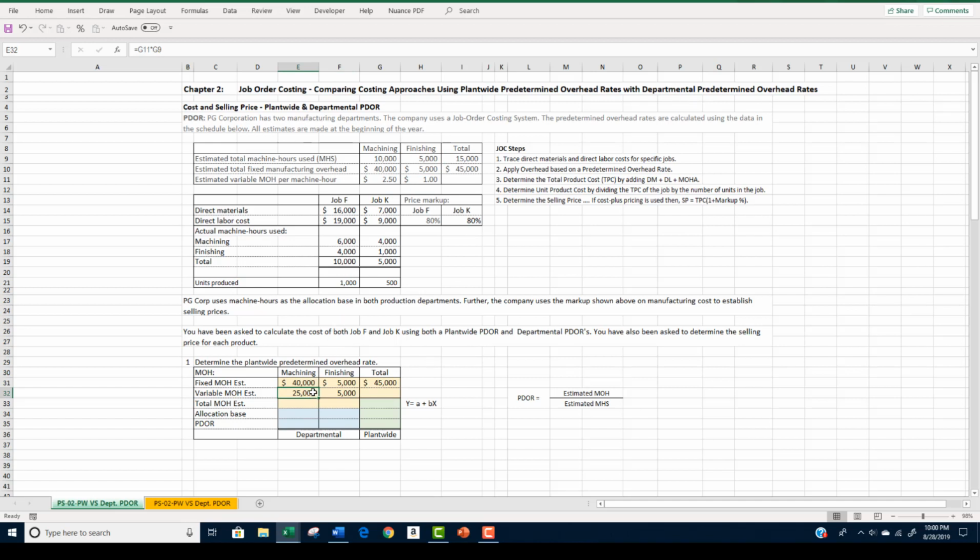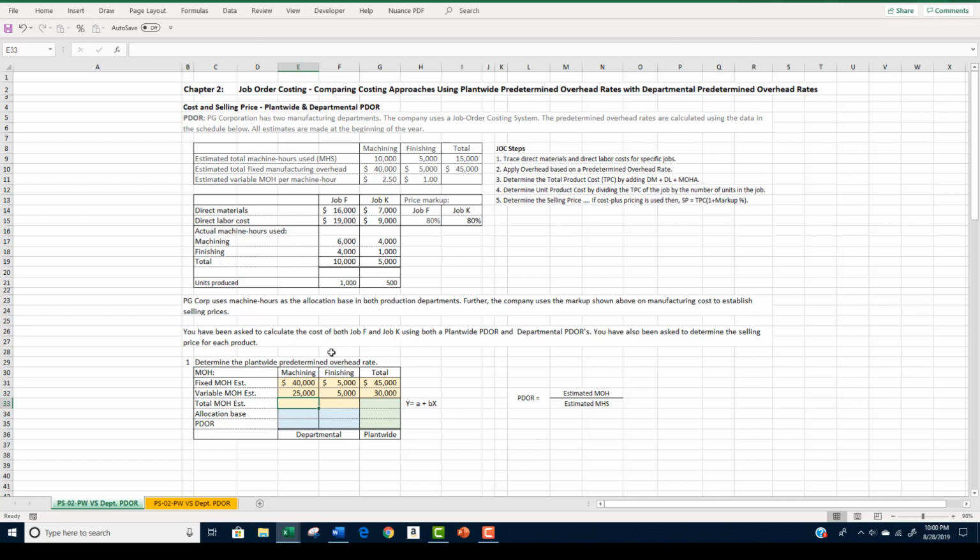For finishing, you multiply $1 per machine hour by 5,000 machine hours used to get $5,000. Adding $25,000 and $5,000 gives us a total variable manufacturing overhead of $30,000.